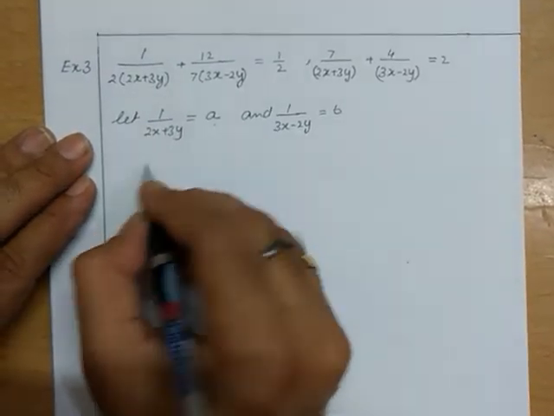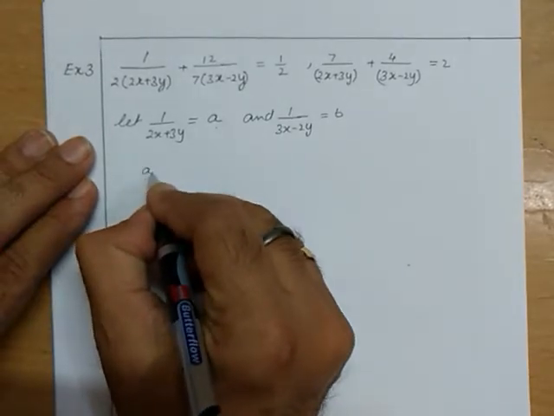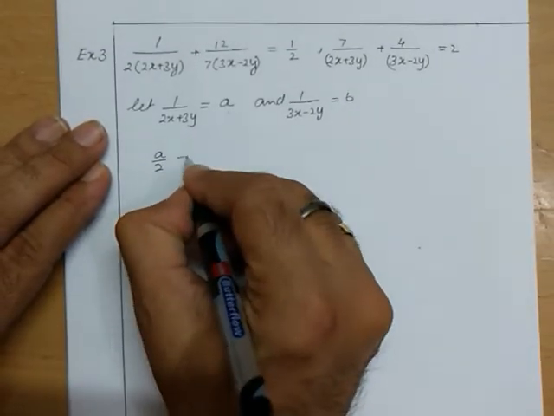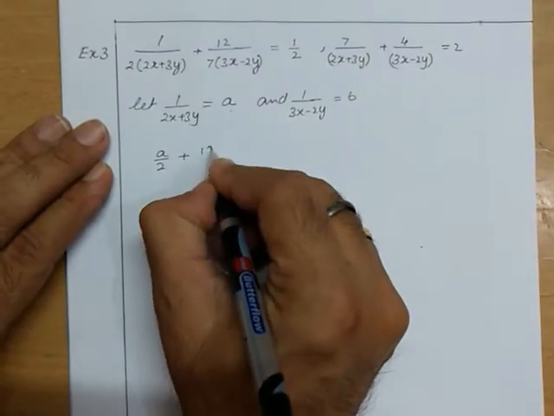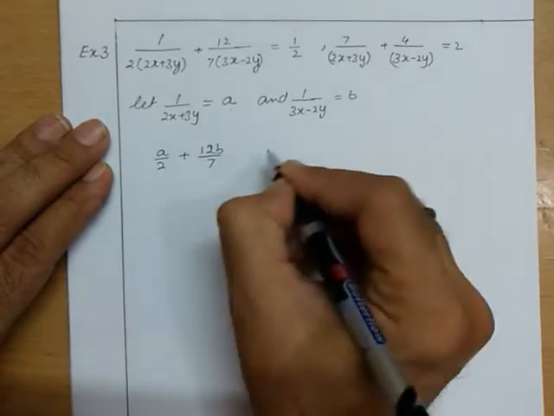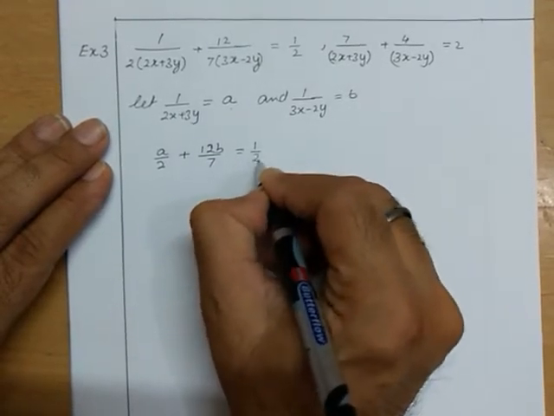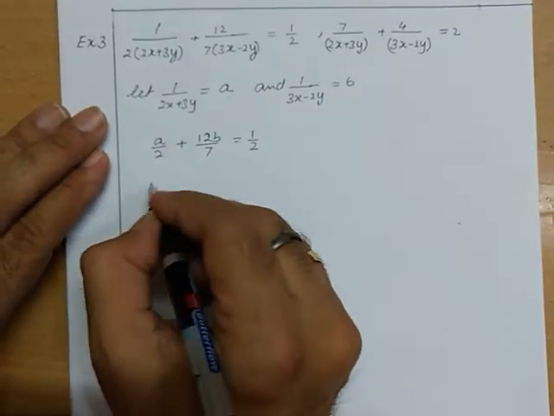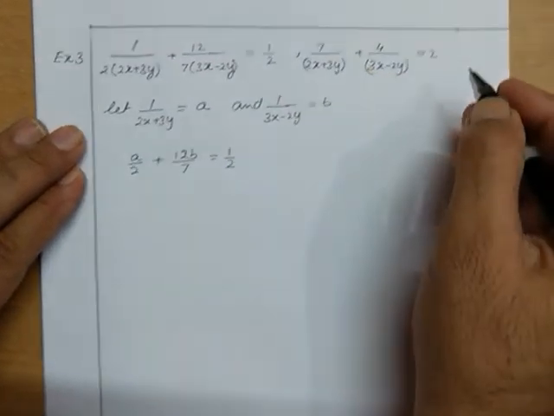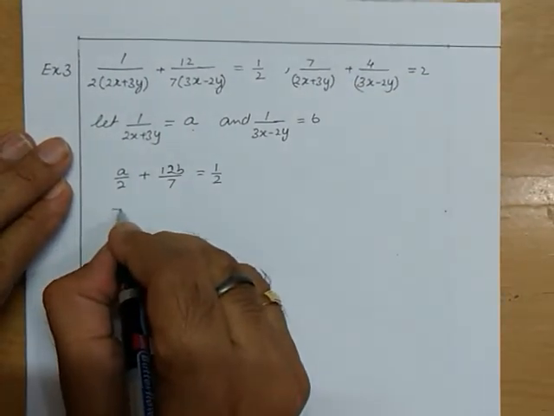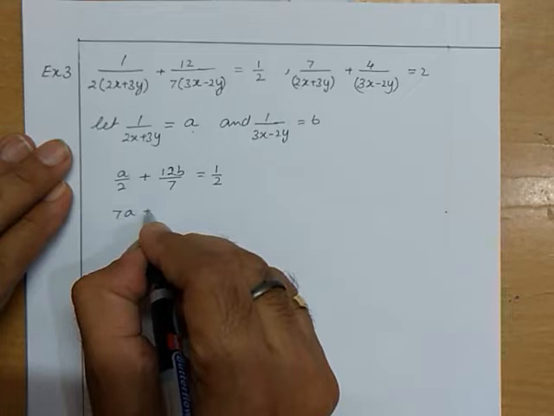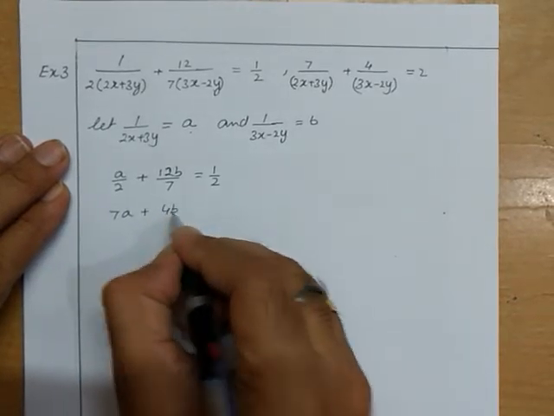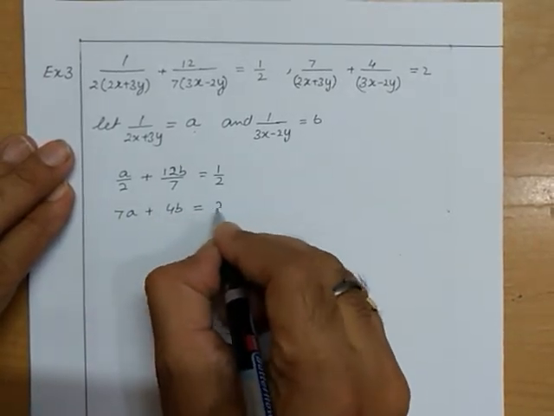So the first equation will be written as a upon 2 plus 12b upon 7 is equal to 1 upon 2, and the second equation will be written as 7a plus 4b is equal to 2.